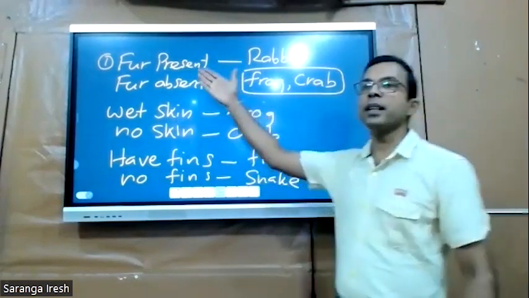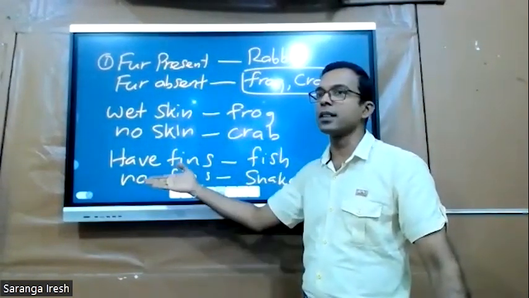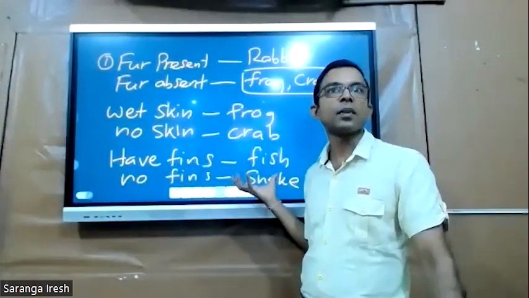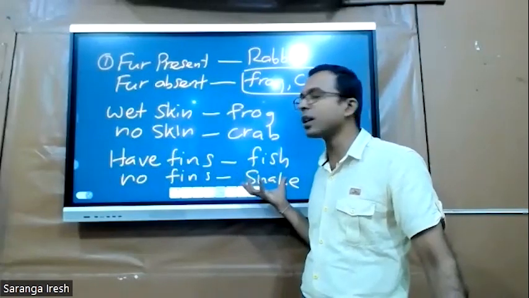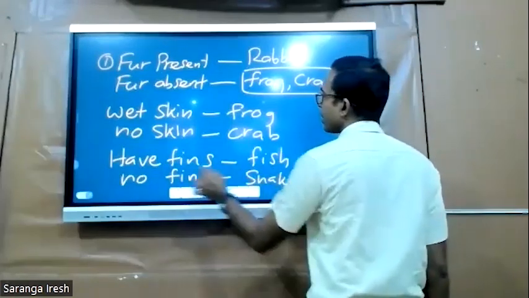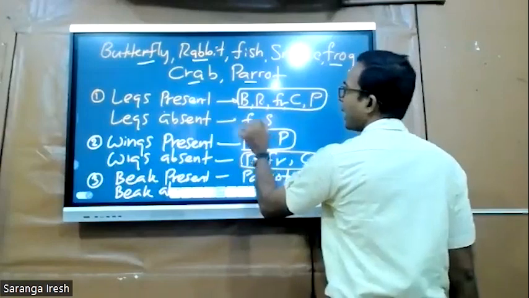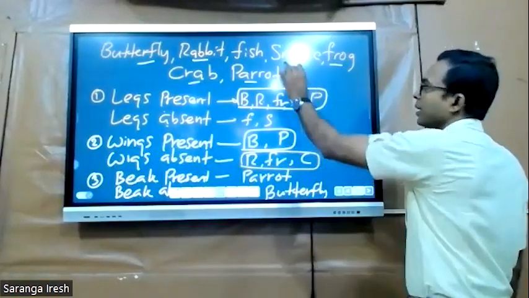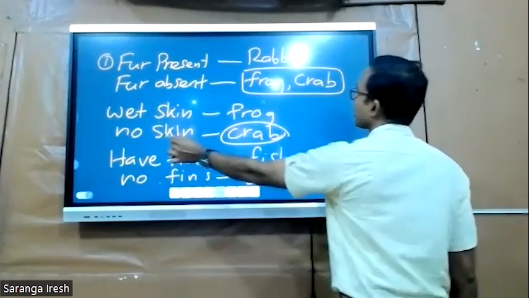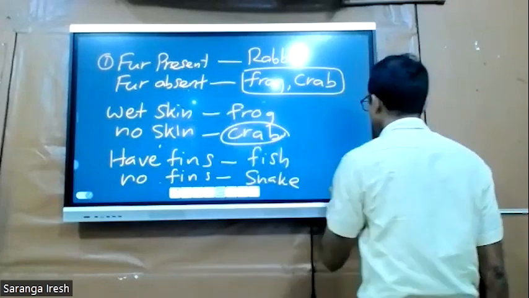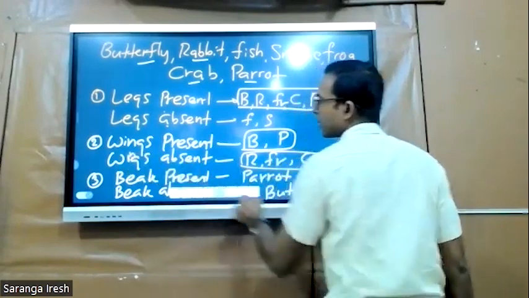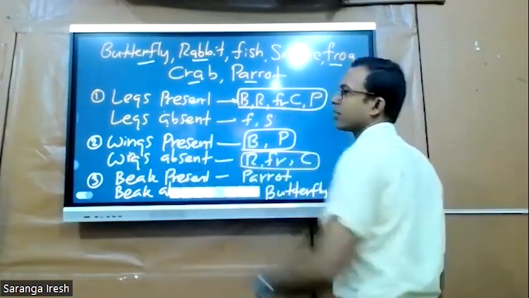Here, using these two statements, finally we separate all the organisms individually. Understood? For example, snake is the organism without feet and without legs. And the crab is the organism without skin, without fur, and without wings, and with legs.